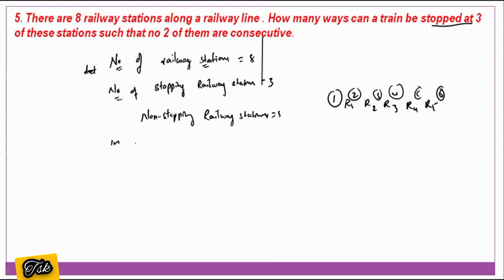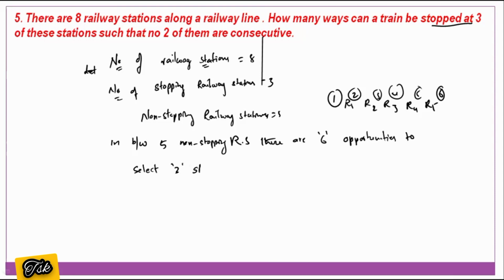In between 5 non-stopping railway stations, there are 6 opportunities to select 3 stations.